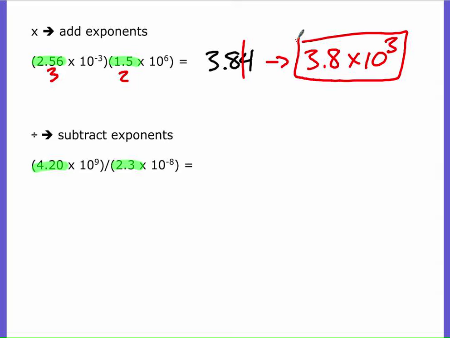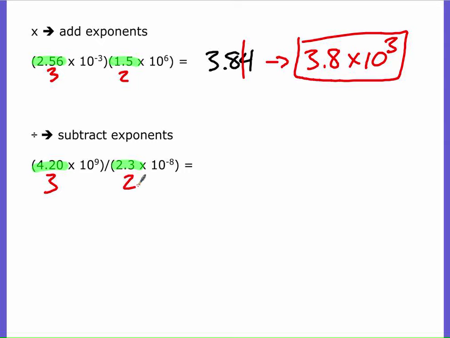If I'm going to divide in this next example, again, I want to deal with my numbers first. So I'm going to take 4.20 and I'm going to divide it by 2.3. And I'm going to get a number on my calculator that has way more sig figs than I really need to have in my answer. But if I look at these two numbers, 4.20 has 3 sig figs, 2.3 has 2 sig figs.